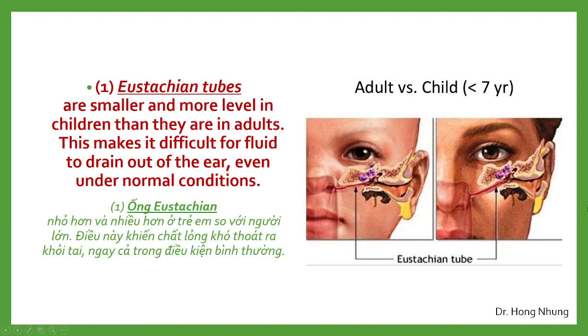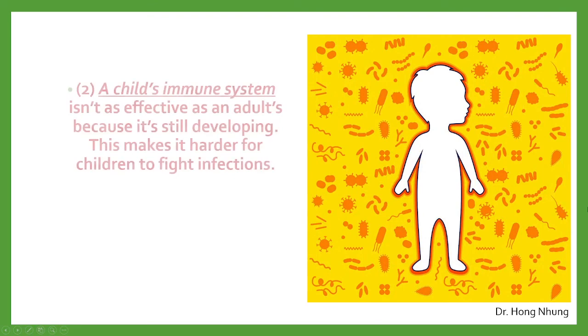Eustachian tubes are smaller and more level in children than they are in adults. This makes it difficult for fluid to drain out of the ear, even under normal conditions.